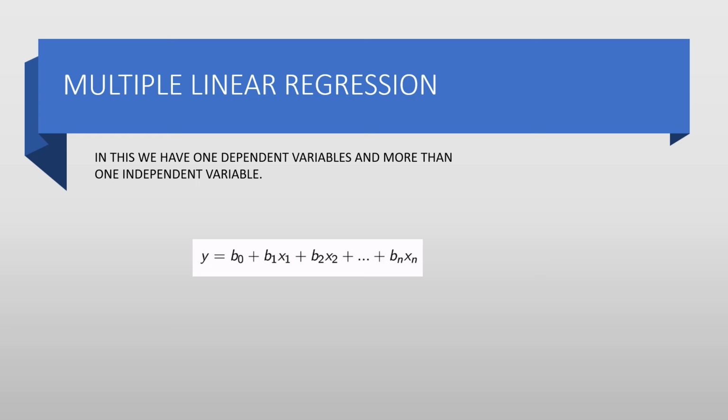As we have already discussed simple regression, now I will talk about multiple regression. In multiple regression we have one dependent variable and more than one independent variable. As you can see, we have one dependent variable that depends on different independent variables, that is x1, x2 and xn. This is the basic structure of multiple linear regression.